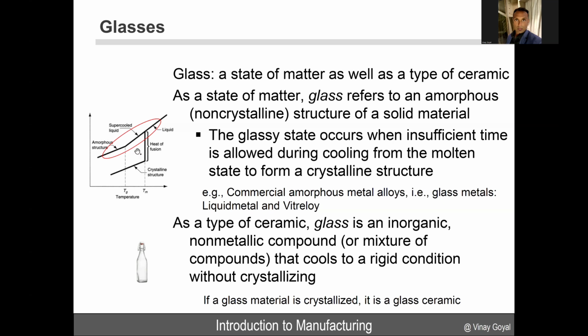In this curve, you can see the amorphous structure. It can be brought up with temperature to be a supercooled liquid. So there's a transition between the amorphous, non-crystalline structure of a solid material, and as you move up the curve it transforms to a supercooled liquid and then liquid.